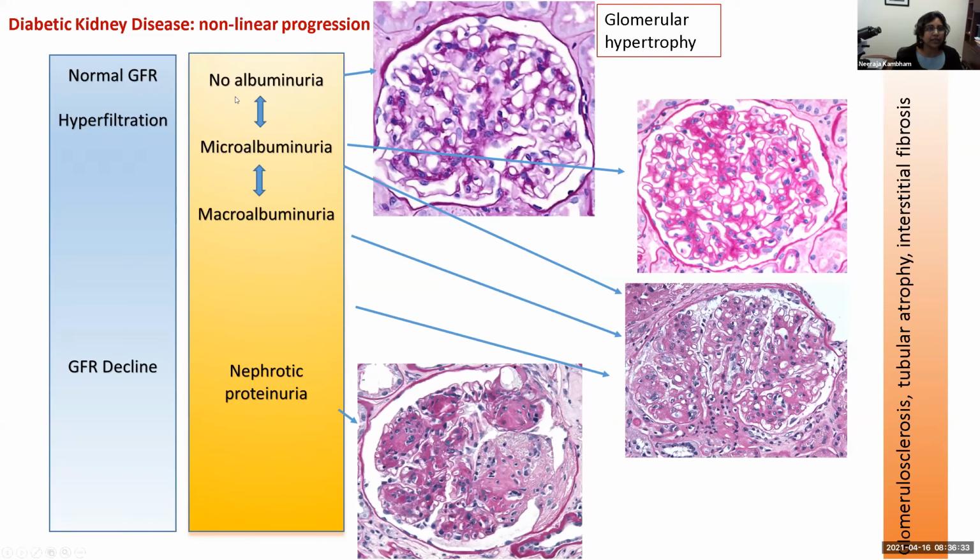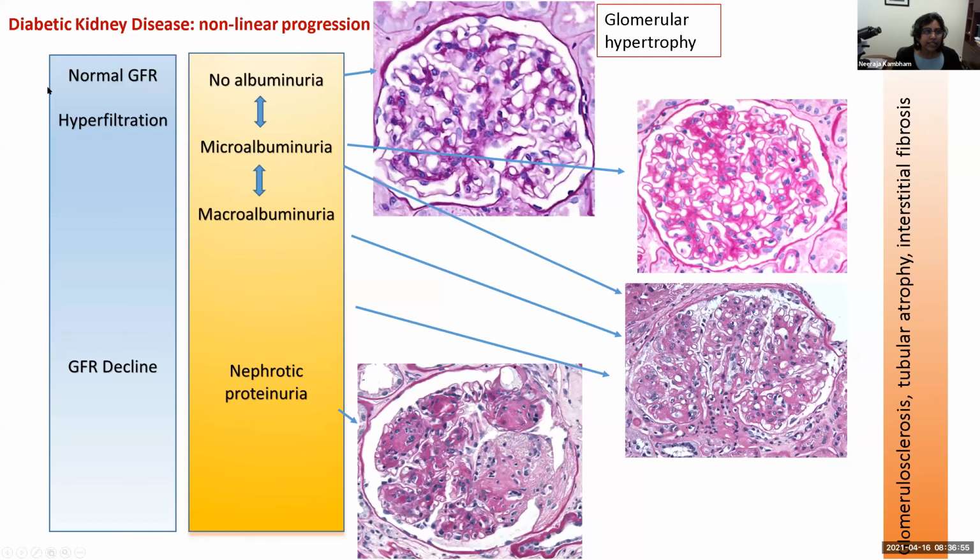The point I'm making is that although we talk about this classification and all the descriptors are shown as sequential changes, they're not always a linear progression. There is some overlap that can happen.